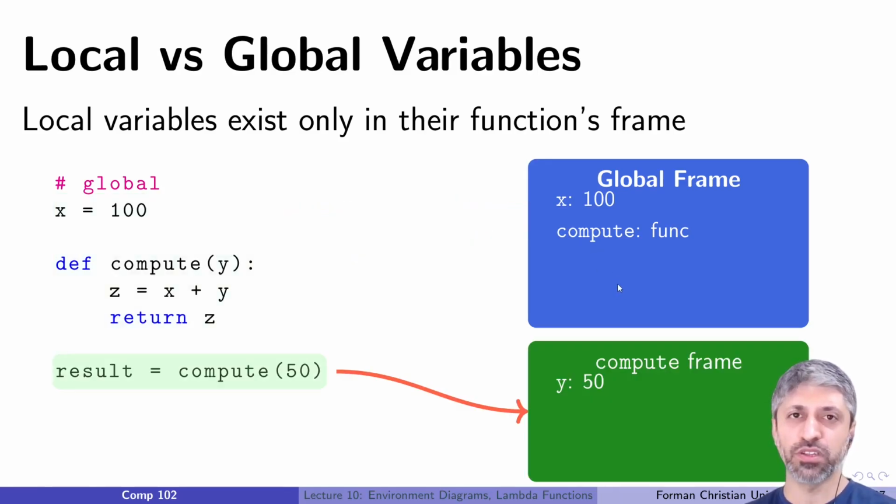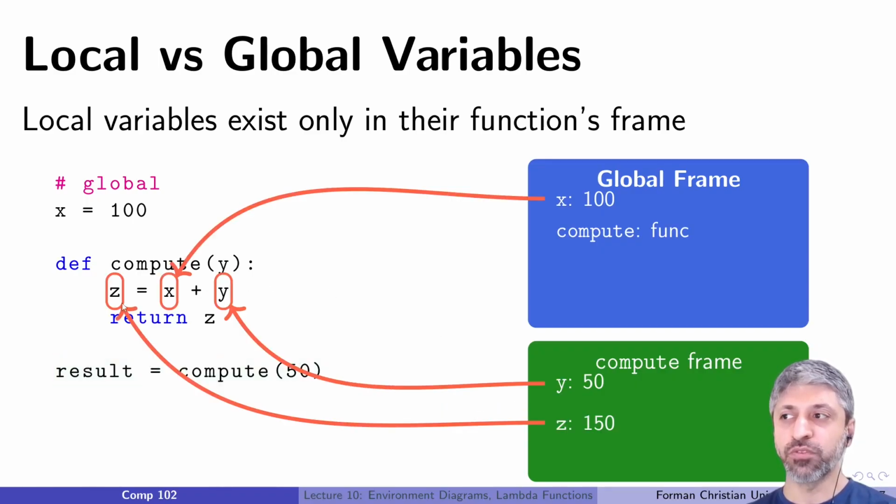Now what happens when you call the compute function? This is going to create a new frame, and that is going to hold the value of its local variable, that is y. Now what happens when you run this instruction, z equals x plus y? In this case, we have the value of y, which is already inside the frame, sure. But where is the value of x coming from?